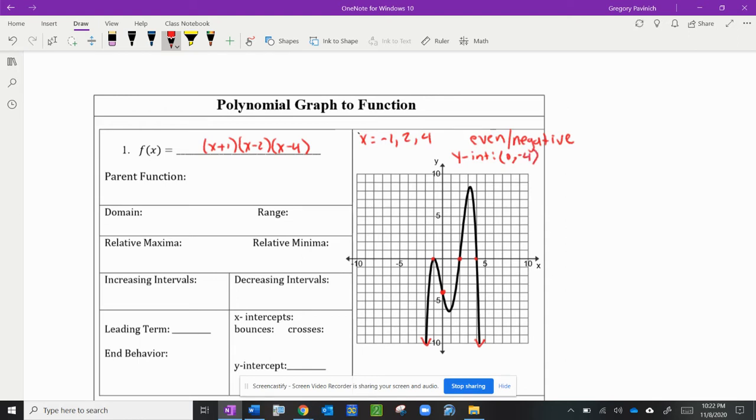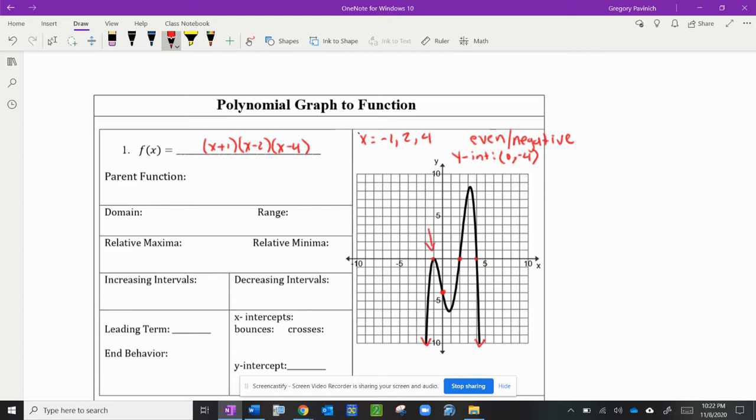So I'm going to use all of this information to create the best equation for the polynomial. The first thing I'm going to do is say, hey, this is an even polynomial. Right now, I just have three x-intercepts, so right now I'm a cubic. So I've got to look at my function and ask, does it bounce anywhere or touch the x-axis anywhere?